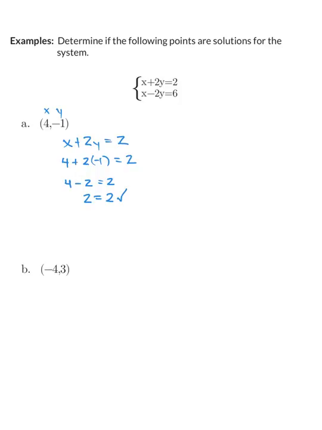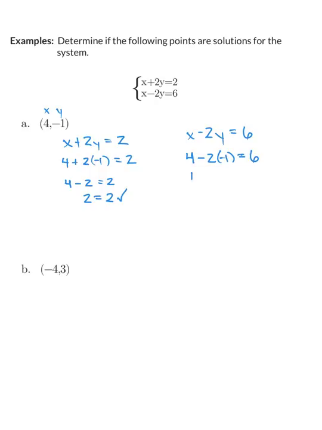It is a solution to the first equation, but again, that's not enough in order to be a solution to the system. We need to check it in the second equation. So if we check it in the second equation, we're going to repeat the process. I want to plug in 4 for x, and I want to plug in -1 for y, and we want to simplify each side.